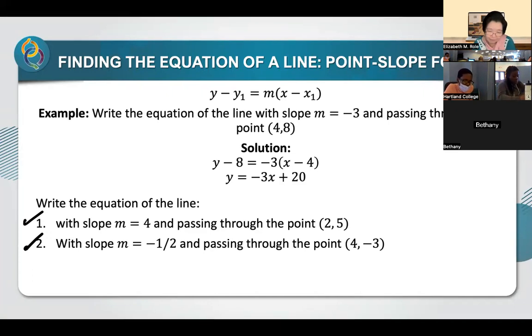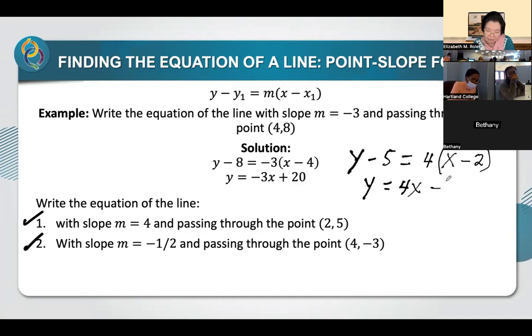So actually what you have done is you say y minus 5 equals 4 times x minus 2. So y is equal to 4x minus 8. Transfer 5 to the other side. Y is equal to 4x minus 3. Yes, good. Number 2.